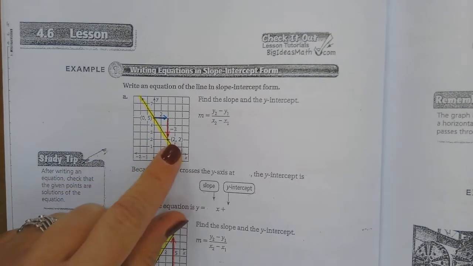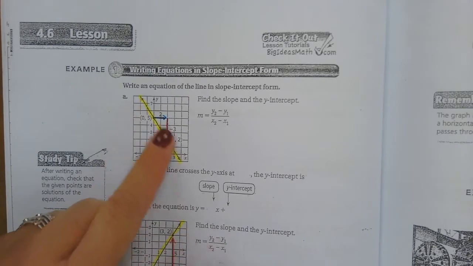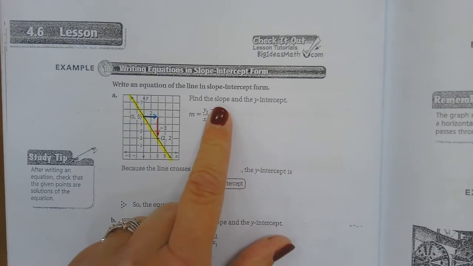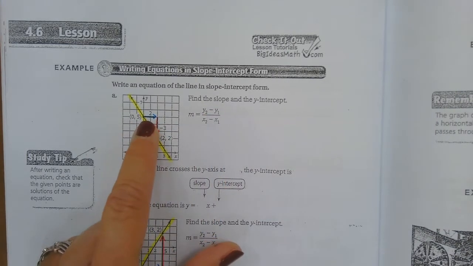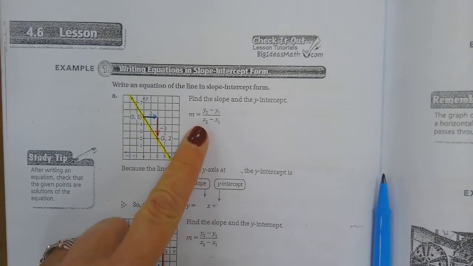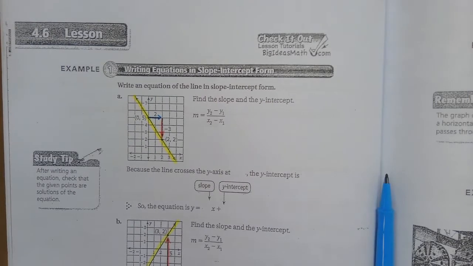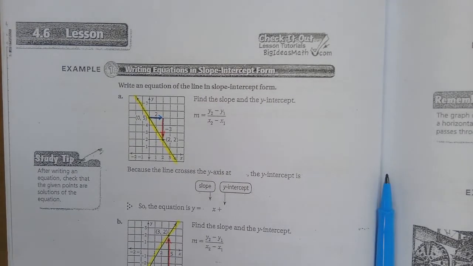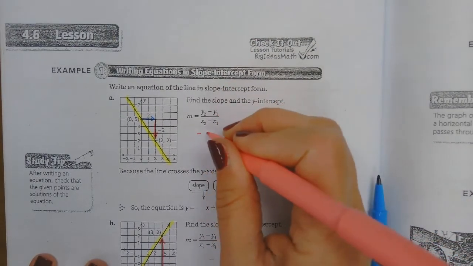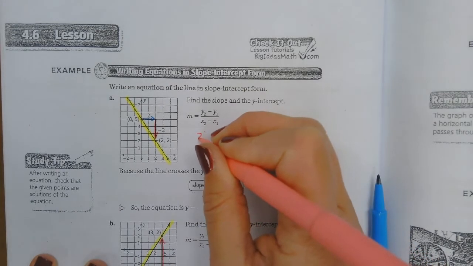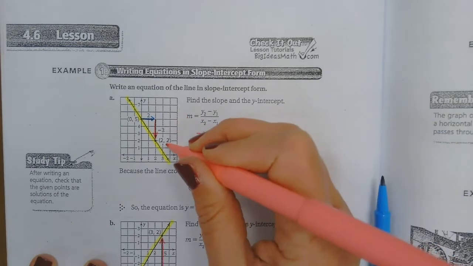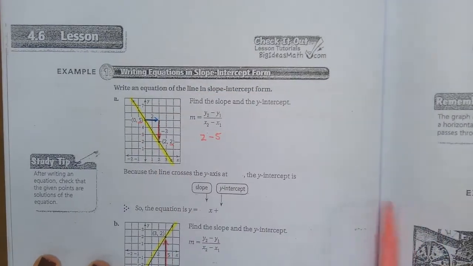So if you were given a line and we wanted to write the equation of this line in slope-intercept form, the first thing that we would do is find the slope and then the y-intercept. To find the slope, we take rise over run. So we're going to use our formula and take our y values, 2 minus 5, and subtract those.